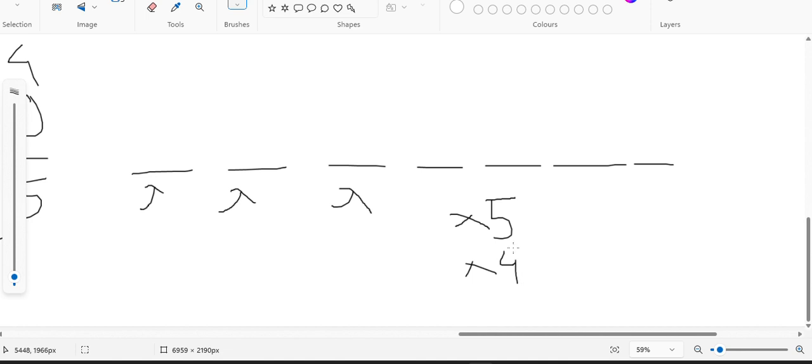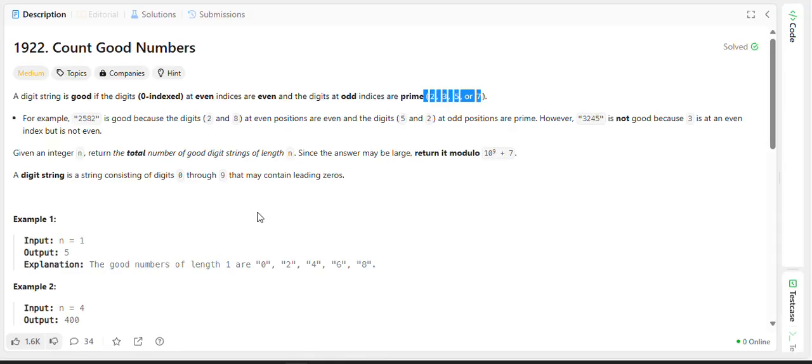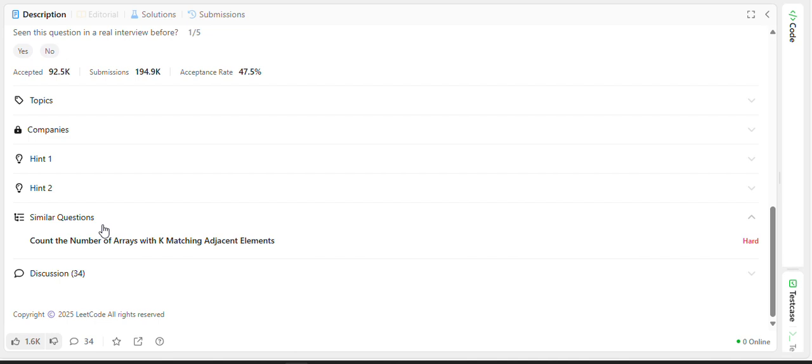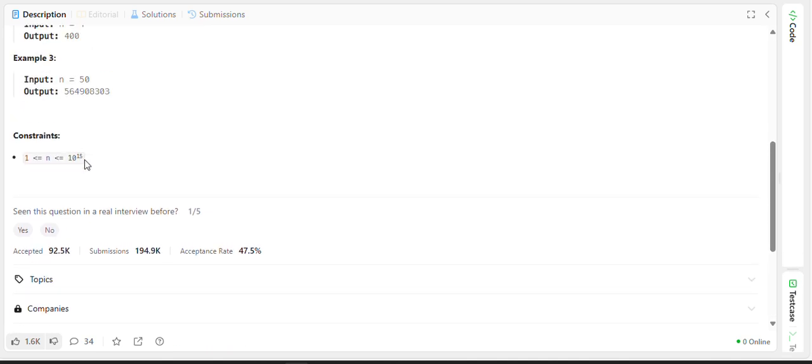It is a brute force or most naive approach, and it will consist of big O of n time complexity. So can big O of n time complexity work in this question? Let's take the constant.